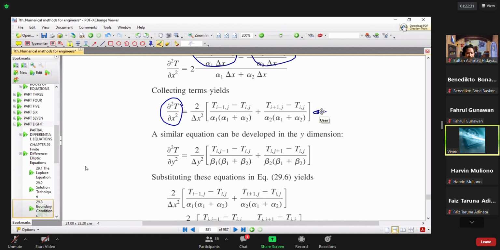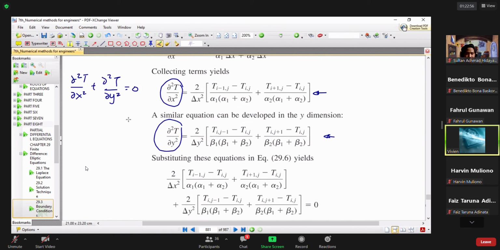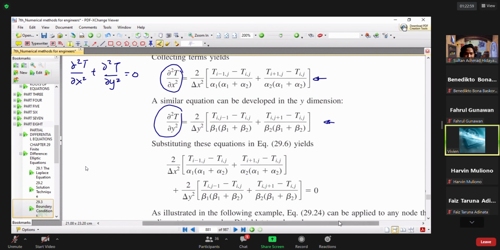We can also do the same in the y direction, so the second derivative in the y direction becomes this one. If we have this and substitute it into the 2D heat conduction equation that we have, this is the equation we get.